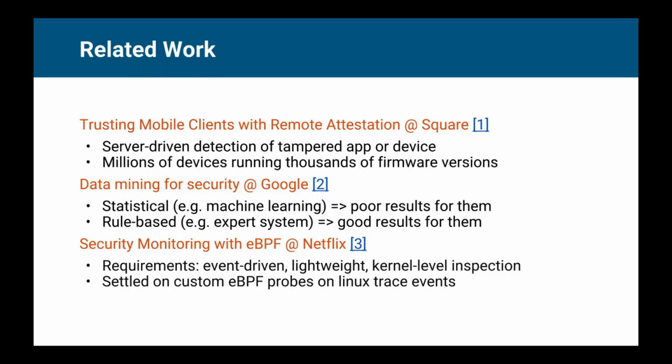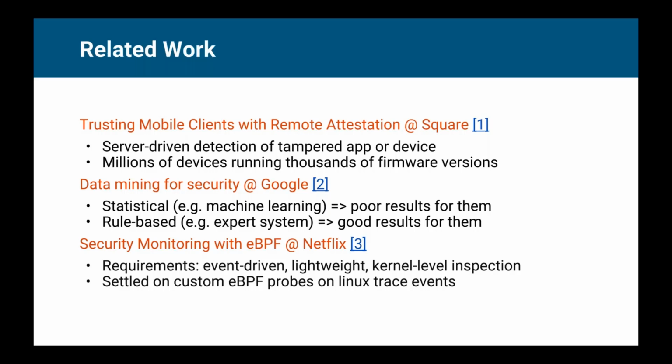A more recent approach was presented by Netflix about how to employ eBPF for security monitoring. What I think is most important about this presentation are the requirements that drove their decision, because Netflix is a highly cloud-enabled company with a massive footprint in AWS, and a lot of the template for how they do things is very indicative of how most people are going to need to apply security as they move to the cloud and scale up like they have.